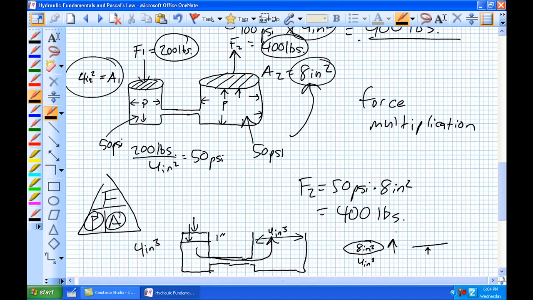Yes, it's going up with twice the amount of force, but it's only going up half the distance. So you're not getting something for nothing. It's a trade-off. Because basically, though I've increased my force, the distance at which that force is applied is less. So if you increase the force, you got to decrease the distance. And this is what's known as energy. This is a super important concept to understand.